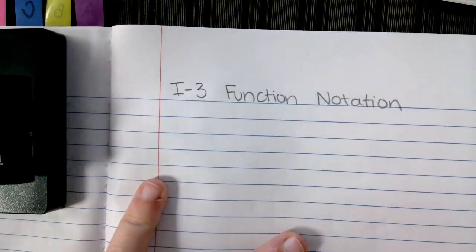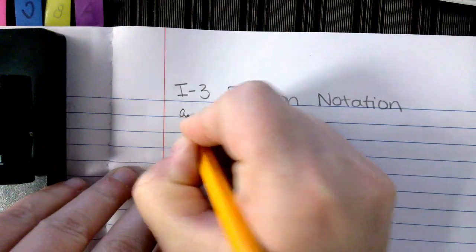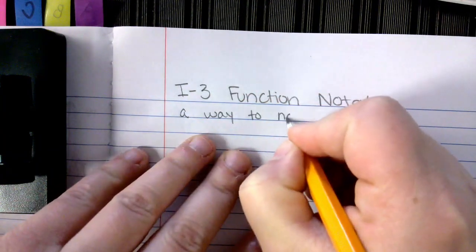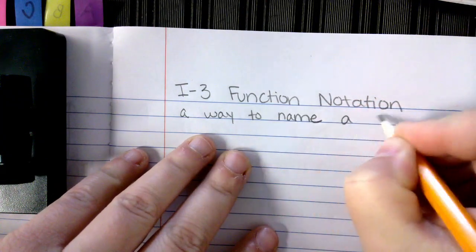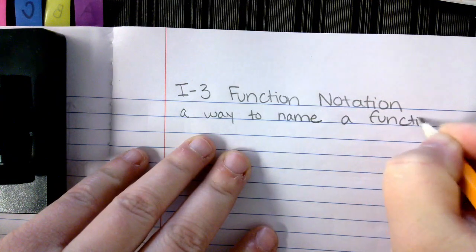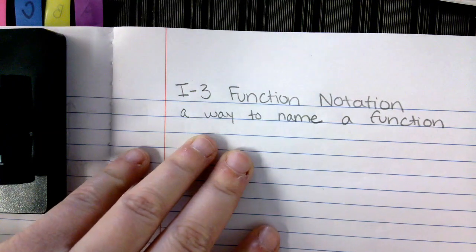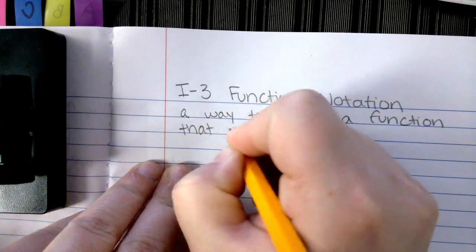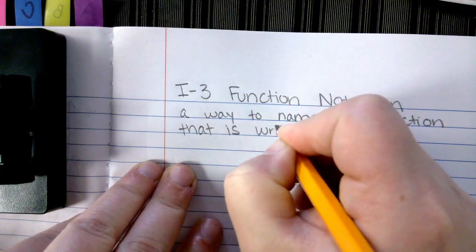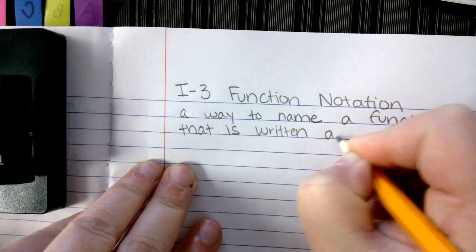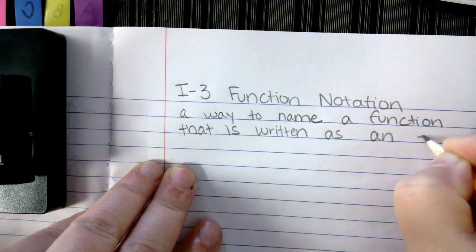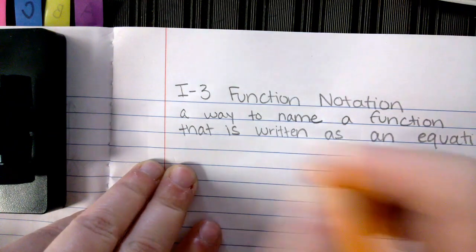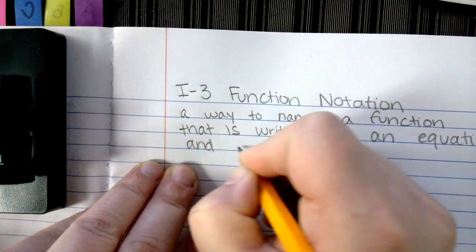Function notation is a way to name a function that is written as an equation, and you can easily see the input and output.